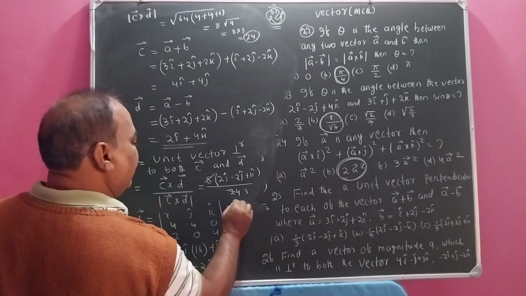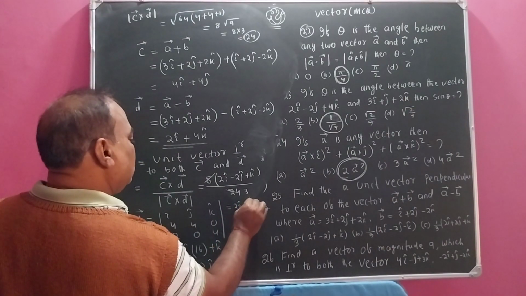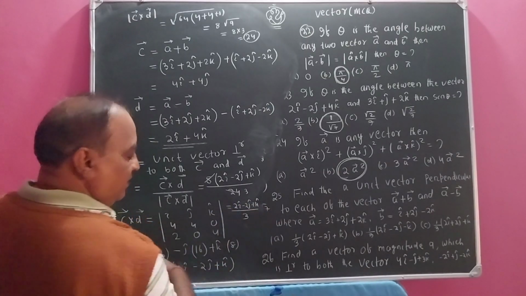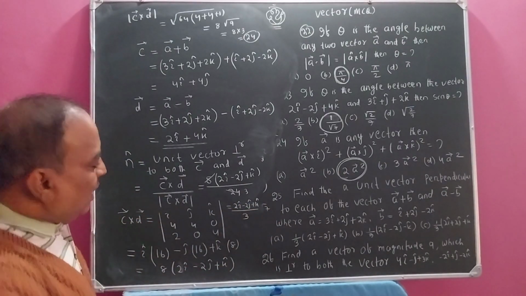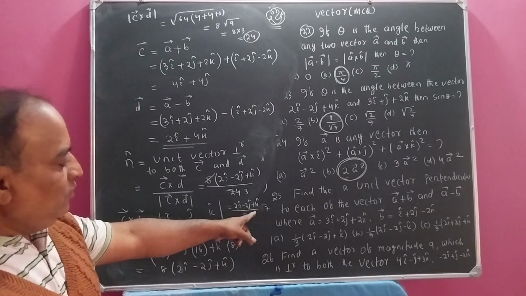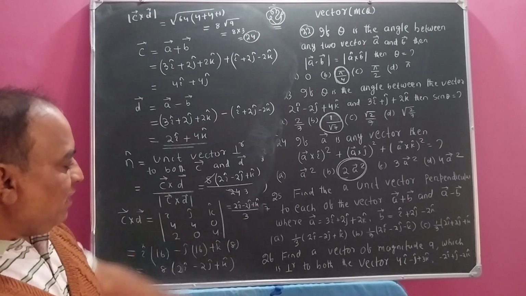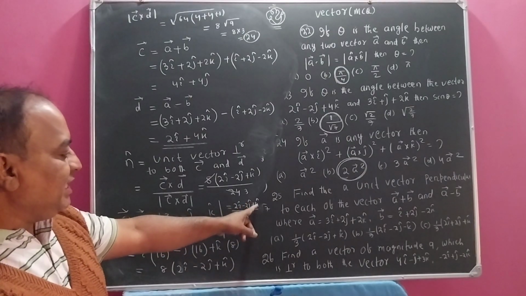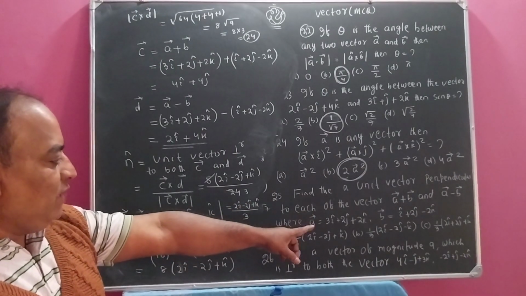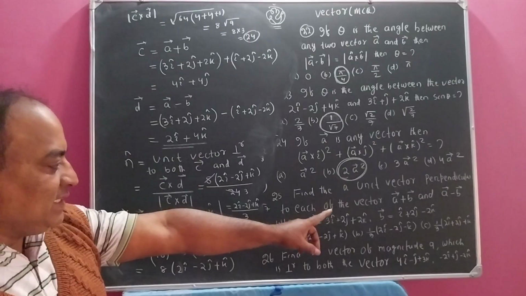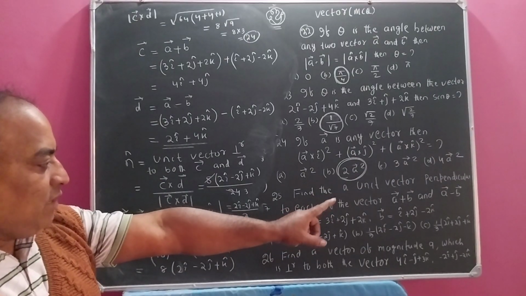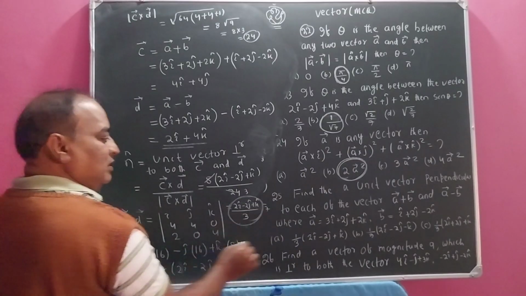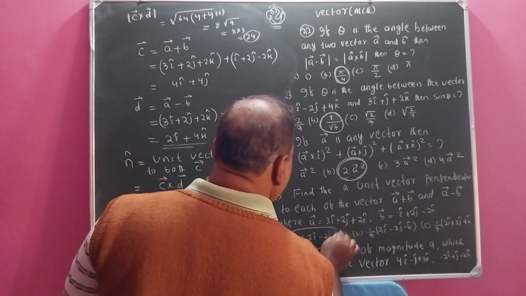So the correct answer is (2 i cap minus 2 j cap plus k cap) divided by 3. The other options are 1 by 3 (2 i cap minus 2 j cap minus k cap) and (2 i cap plus 2 j cap plus k cap). So the correct answer is this, option A.